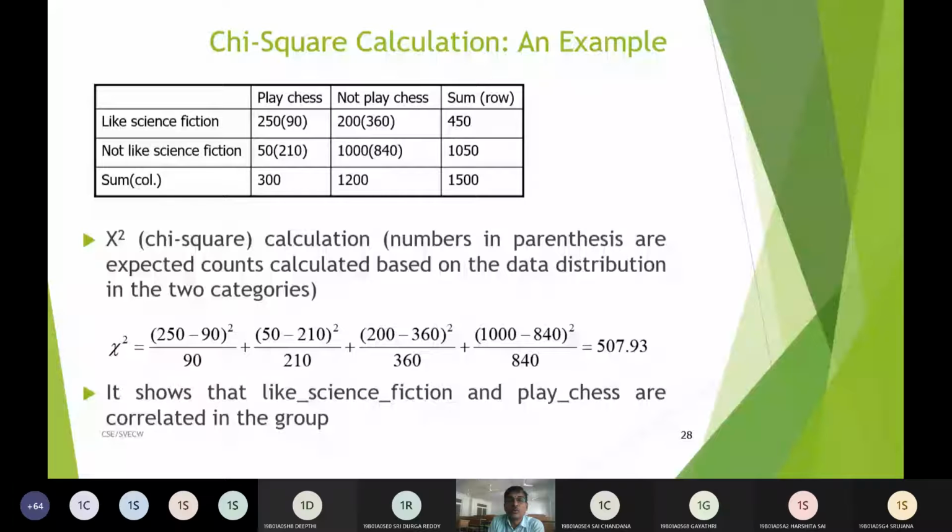If it is less than 0, it is going to be interpreted negatively. If it is 0, then we say it is an independent value.